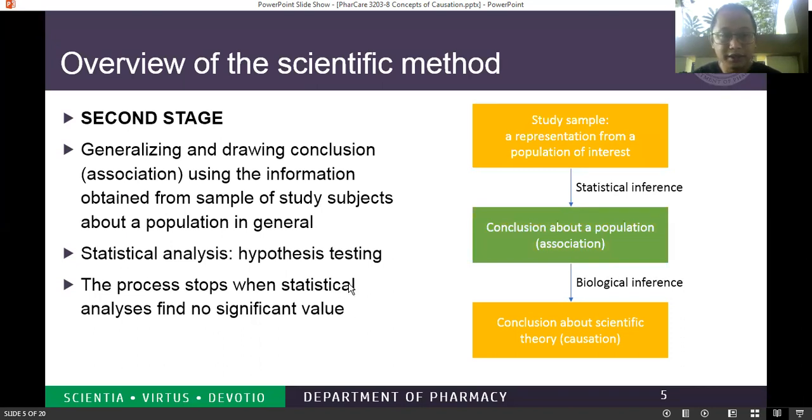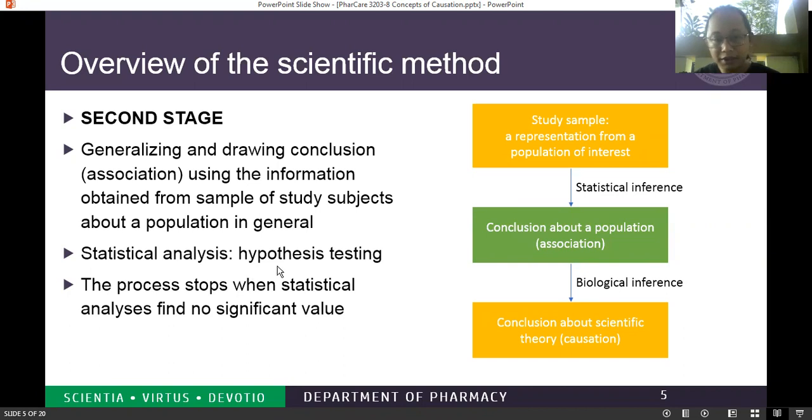Then in the second stage, we usually generalize and draw a conclusion using the information from the samples. Here we can use statistical analysis: descriptive analysis as well as inferential statistics that use some procedures for hypothesis testing.